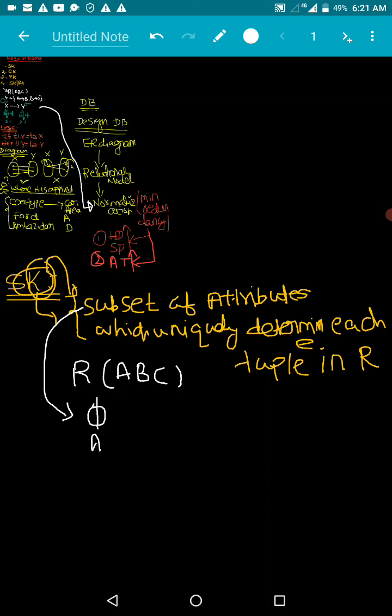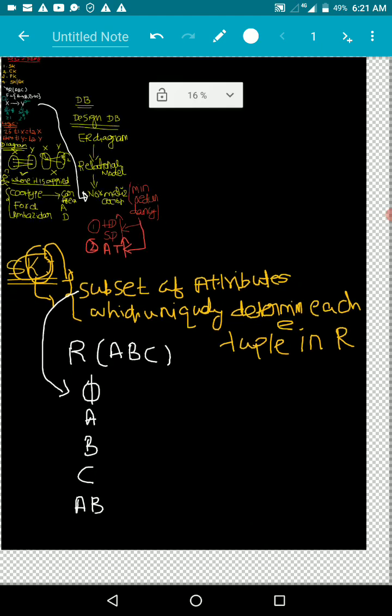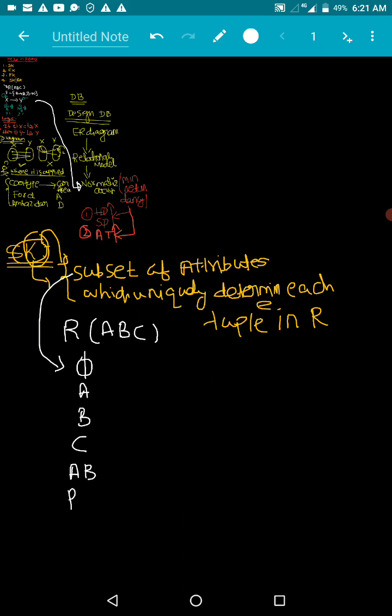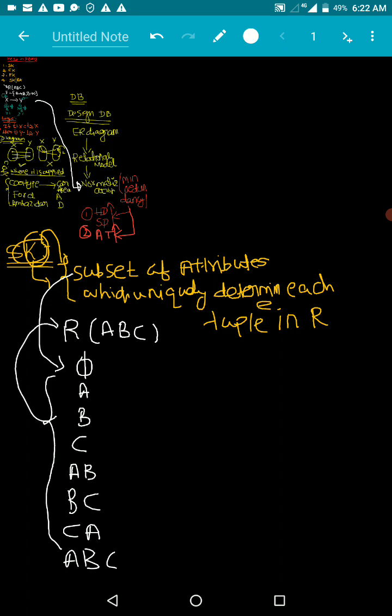Then A, then B, then C. Then AB, then BC, then CA, then ABC. These are the subsets of the given relation R which contains attributes A, B, C. Now, what is meant by uniquely determining each tuple in a relation?